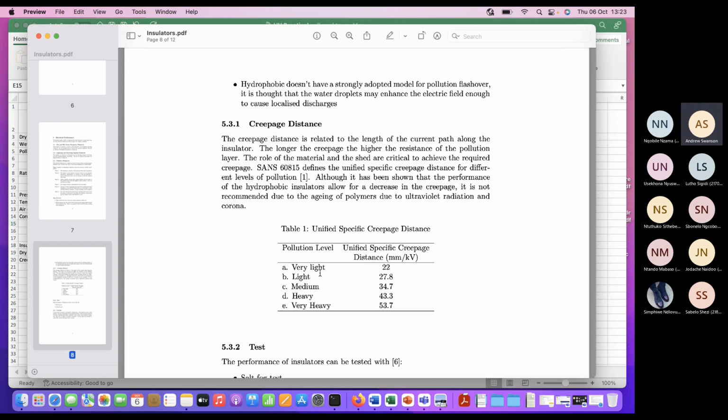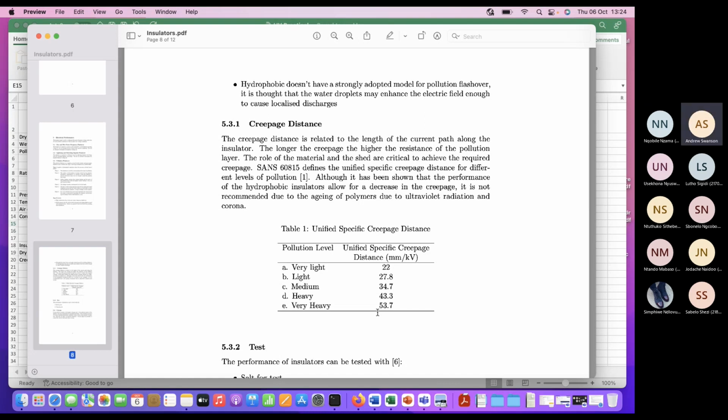Right, so there's different pollution levels from very light to very heavy. So you can see for a very heavy classified insulator, you have close to 54 millimeters per kV. So for example, if it's a 22 kV insulator, you would multiply 54 times 22 kV divided by √3, and that's what your specific creepage would have to be.